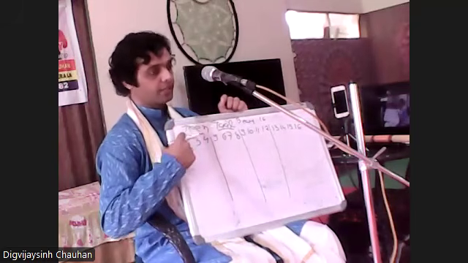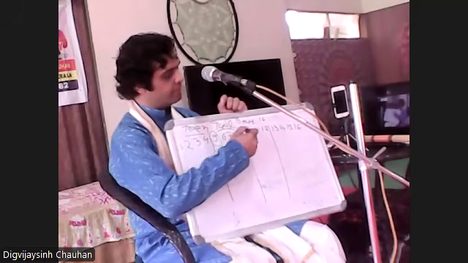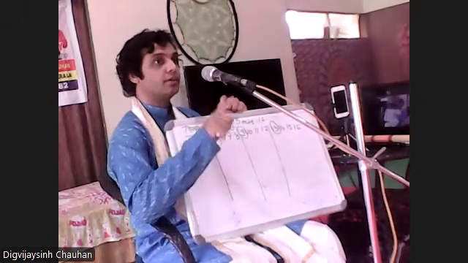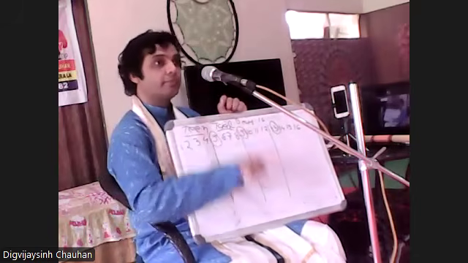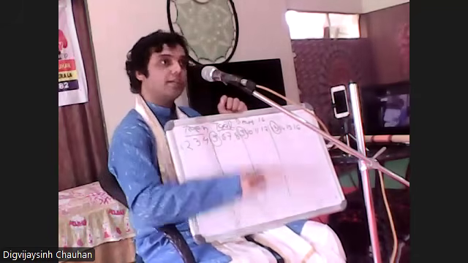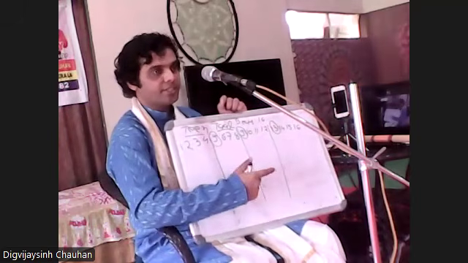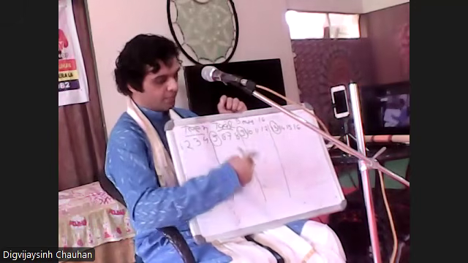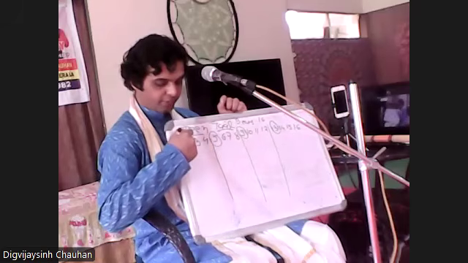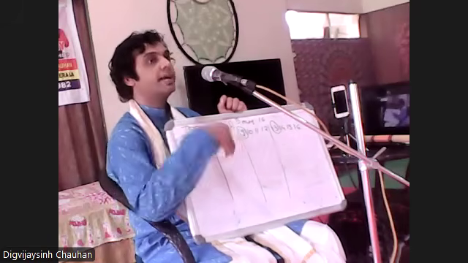Now due to this division, the first beat of each division becomes special. So now it will be 1, 2, 3, 4, 5, 6, 7, 8, 9, 10, 11, 12, 13, 14, 15. So this is a simplified version of the total 16 beats. This is called division. And due to division, the first beat of each division becomes important.